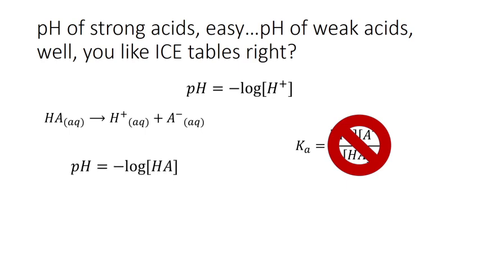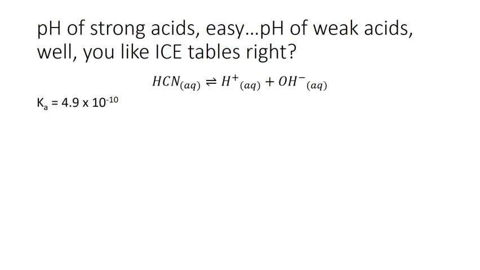To calculate the pH of our strong acids, we simply put in the concentration of our acid, and not our hydrogen, because with a strong acid, again, we can assume that this goes all the way to the right and that 100% of our acid will dissociate, so the concentration of our initial acid becomes the concentration of hydrogen ions when in solution. Easy enough.